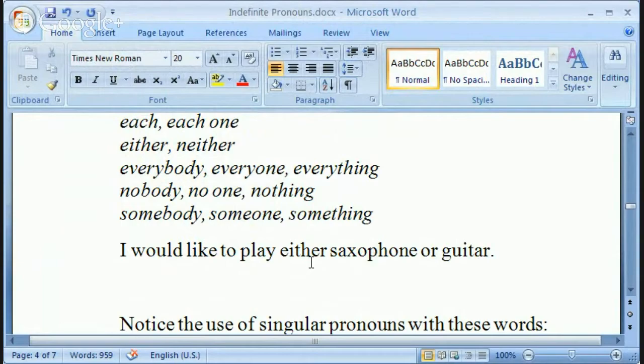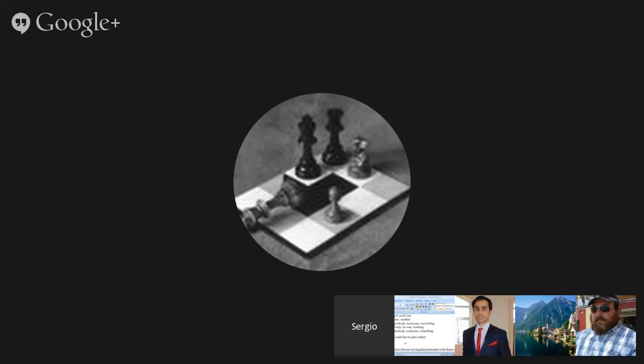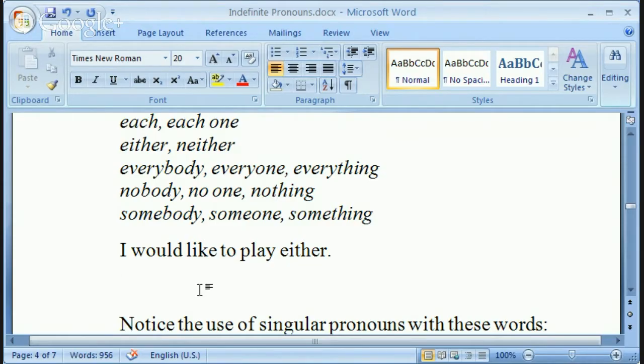Yeah, maybe we should remove saxophone or guitar, right? Yeah, in that case, it would be an object. Used as an object, the object noun, indefinite pronoun. And this sentence makes sense. It's perfectly grammatically correct, but here we're using it as an object. Okay, good.